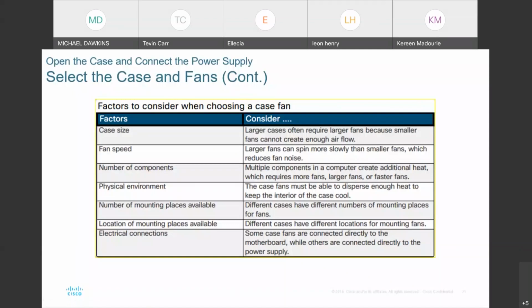A smaller fan is used based on the processing power of that computer or the CPU. All right. Number of components: multiple components create additional heat, which requires more fan. Larger fans are faster fans.